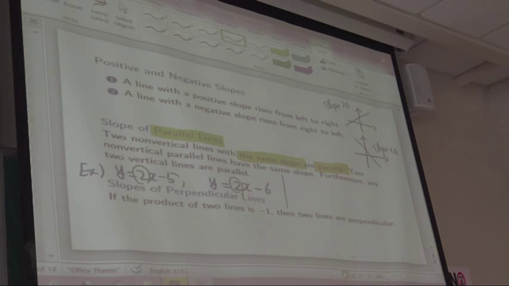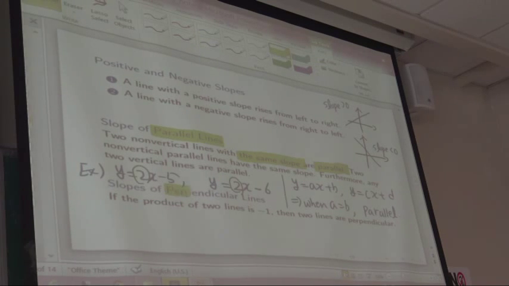In general, for y equals ax plus b and y equals cx plus d, when a is the same as c, they are parallel. This coefficient tells us the slope of the line.